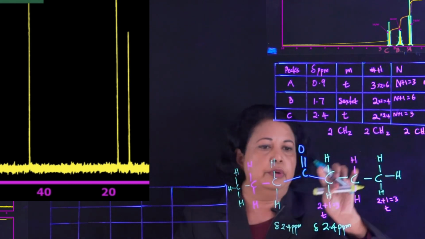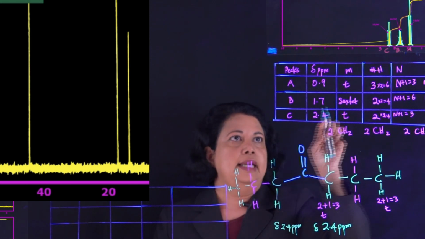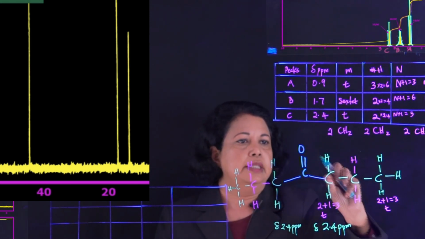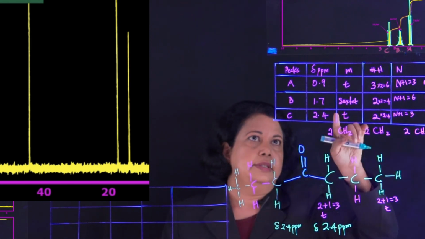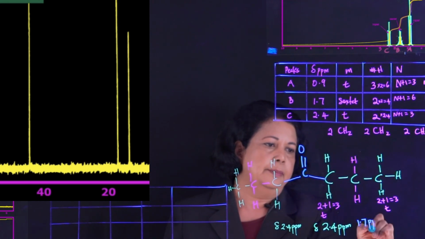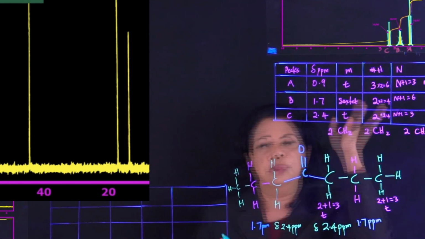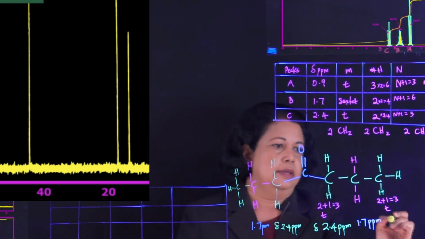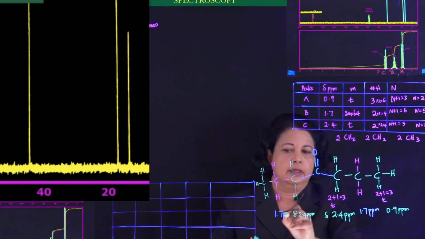Therefore, you have 4 of them. These two are going to be the next most d-shielded, because now these are 2 carbons away. And so therefore, that's going to be your 1.7 ppm. And these are typically in the alkyl, and it's primary, and so it's about, close to 0.9 ppm.